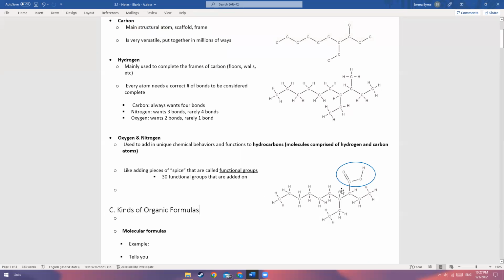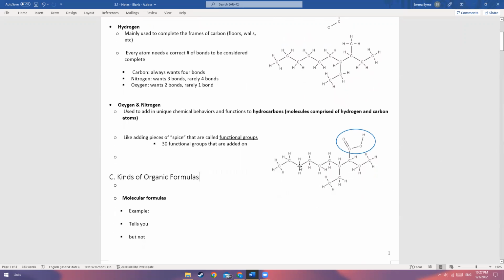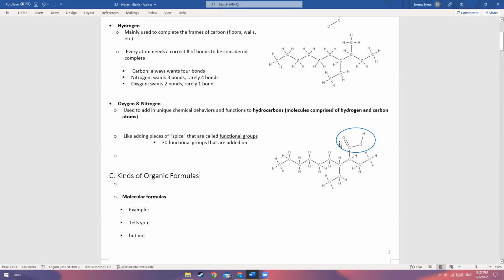Right. So here we've got two oxygen atoms and a hydrogen atom coming off of this carbon atom. So that would be the functional group. So we kind of jump from our 13 carbons that are saturated with hydrogen in the above structure, and then we are adding a little bit of spice. We're adding a little bit of oxygen to the structure.